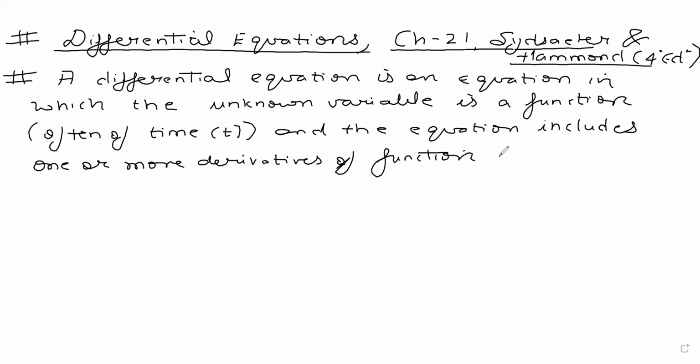Okay, so when we talk about a differential equation, it is that equation in which the unknown variable is usually a function of time, and the differential equation also includes one or more derivatives of the function. Now let's look at what is meant by an ordinary differential equation.